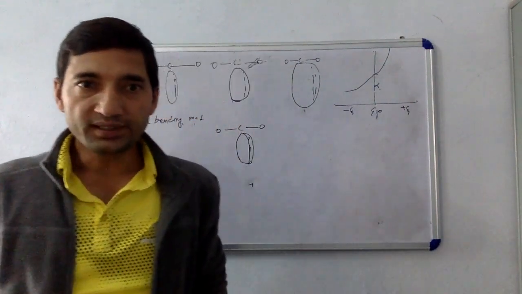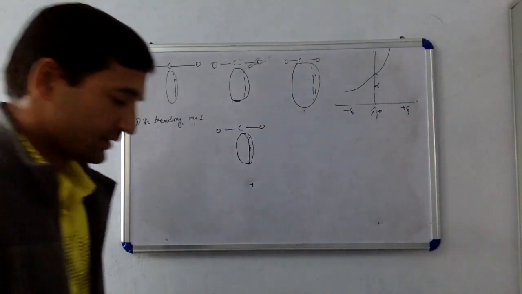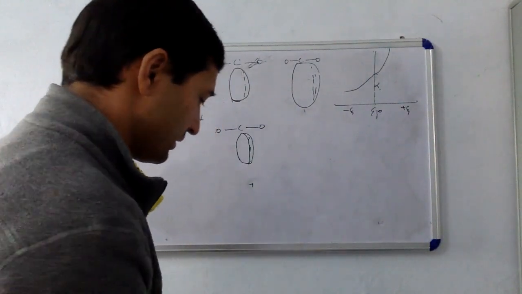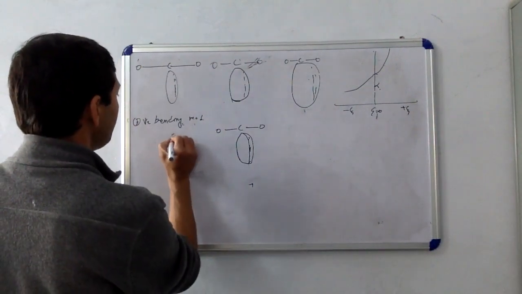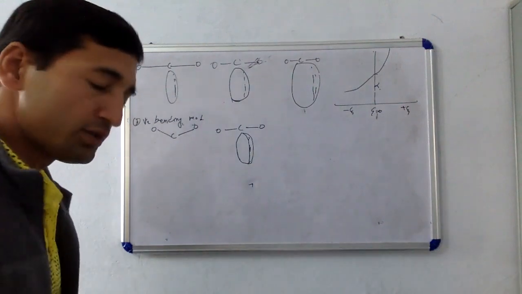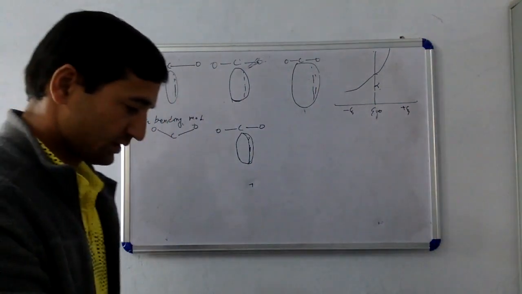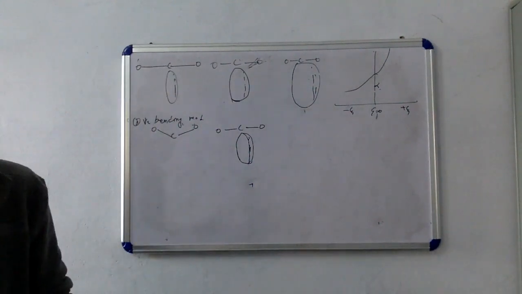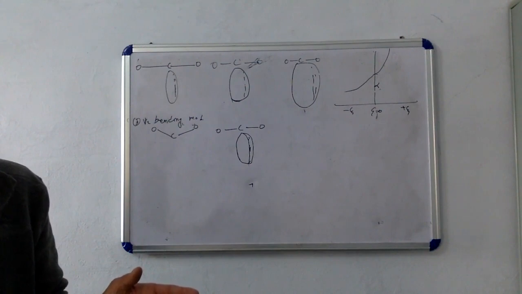So now in both the cases, if you look at the bending, if I have this C, this O, and this my O, what will happen in the case of this V2 motion?